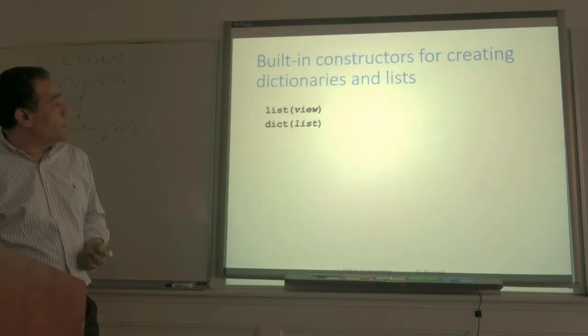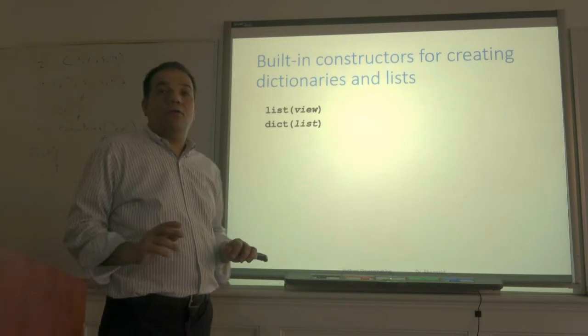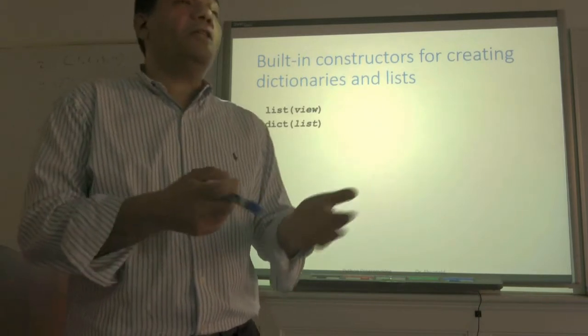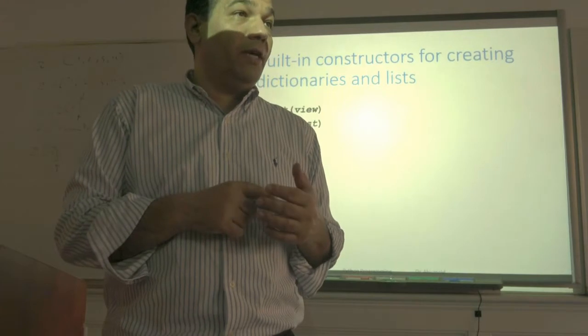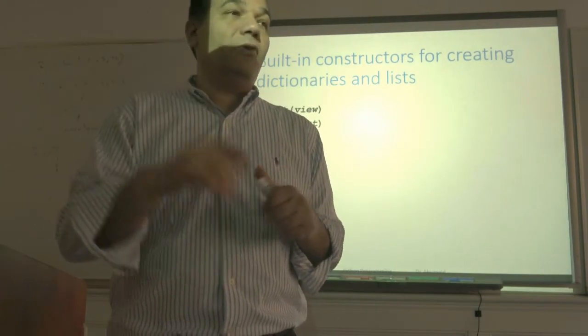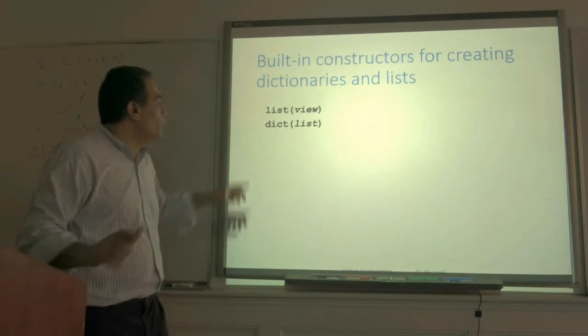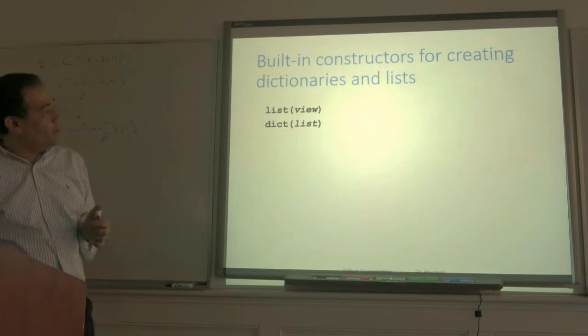Okay. So there are built-in constructors. What is a constructor? It creates an object inside that class. So when you write a class, we create a constructor, right? It says how to construct an object. So there is a built-in constructor list and dictionary that will create a list and dictionary for us.